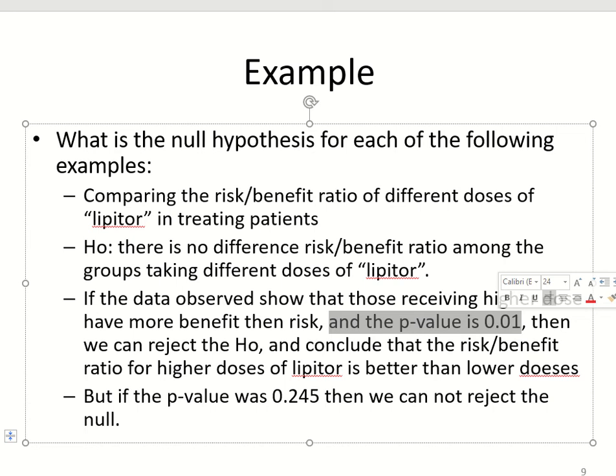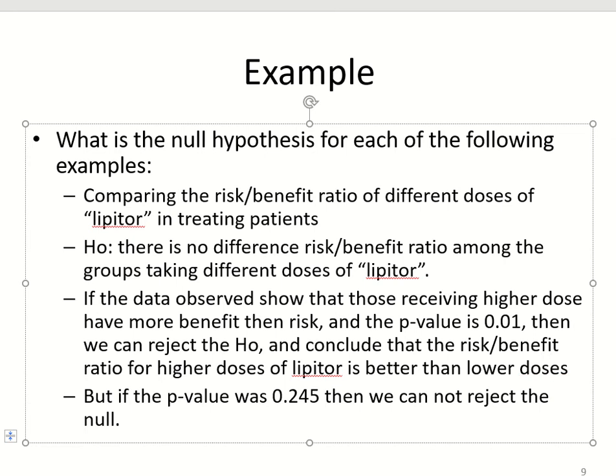So what you observed is very rare. You should not have observed it. But since you observed it, then you reject the null hypothesis and conclude that the risk-benefit ratio for higher doses of Lipitor is better than the lower doses.